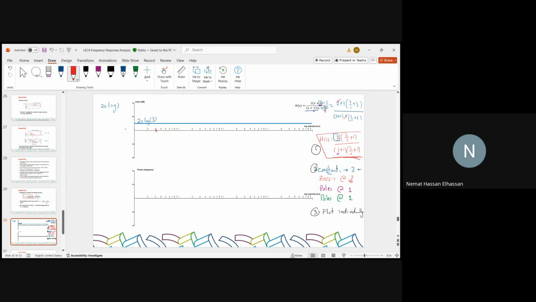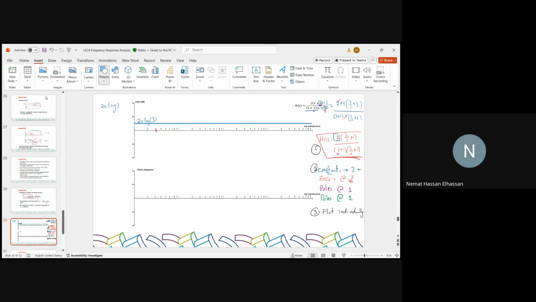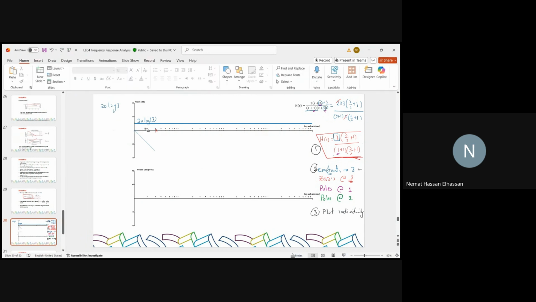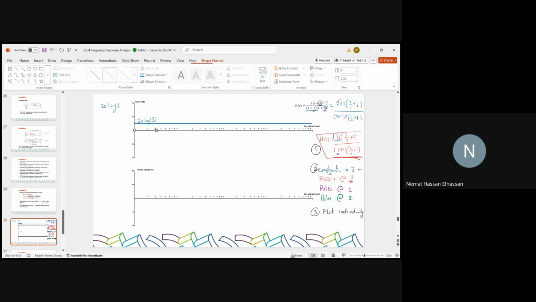Prior to the break frequency for zeros, the gain will always be equal to 0, which means we have a straight line at 0. Between 1 and the break frequency, from here all the way up to here, I will have one straight line which is equal to 0.